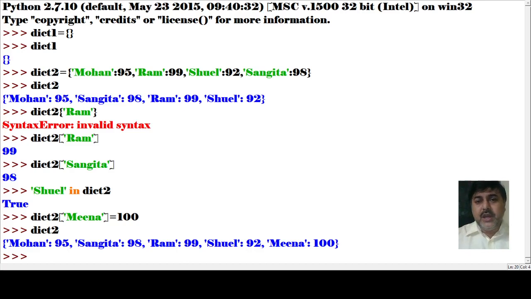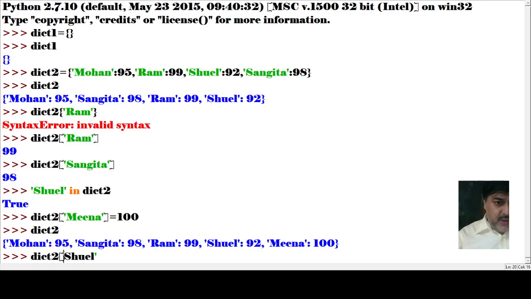Suppose some marks you want to change. So how will you change the marks? Where you are changing DICT2, then the bracket open, suppose I want to change the marks of Suhel. This particular person's marks need to be changed.